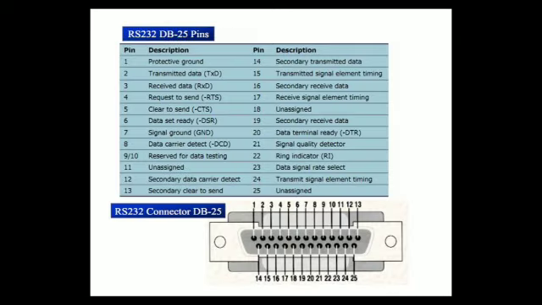I think everybody is seeing this RS-232 diagram, how it looks. It had a total of 25 pins. You can see that the top row had 13 pins and the bottom row had 12 pins. This was especially used for serial printer communication.